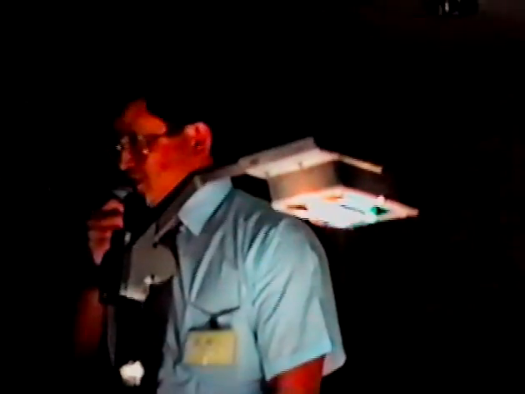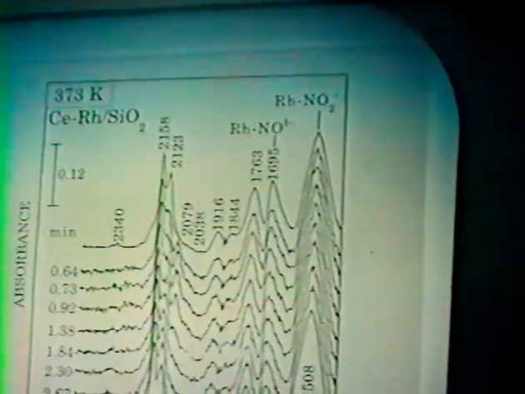So this result indicates the CO and the NO can react at 100 degrees K, but when we put the CO on the surface, the adsorbed CO cannot directly react with NO, so it requires the presence of gas phase CO to promote the reaction.